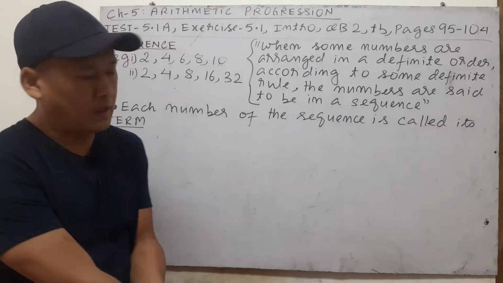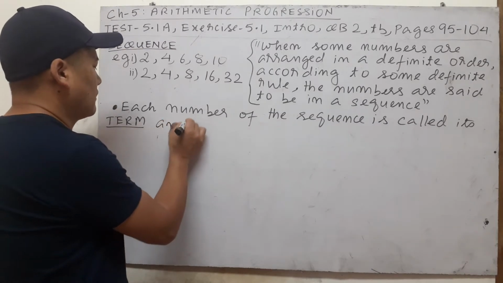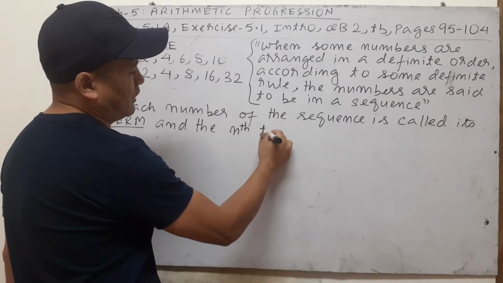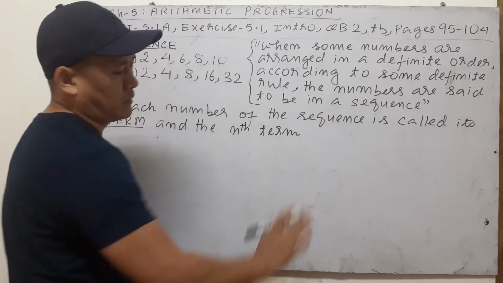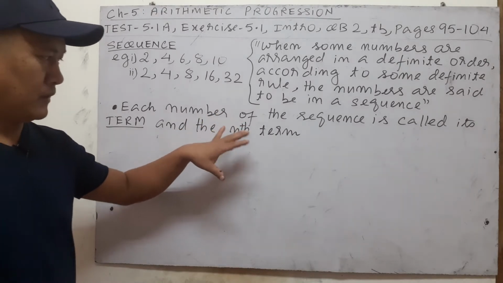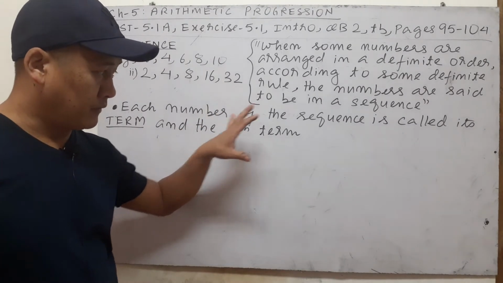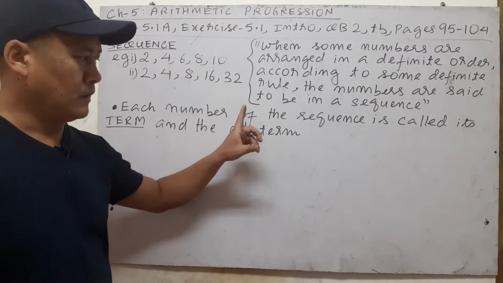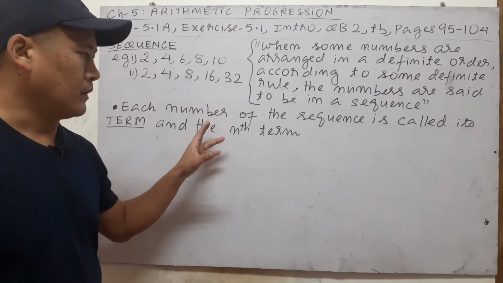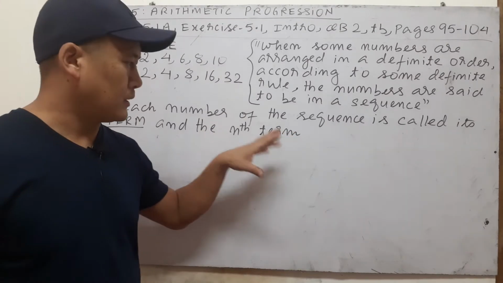Then the nth term. The nth term depends on each situation. If n is 5, then the nth term is the fifth term. If n is 7, meaning the 7th item, then the nth term is the 7th term.